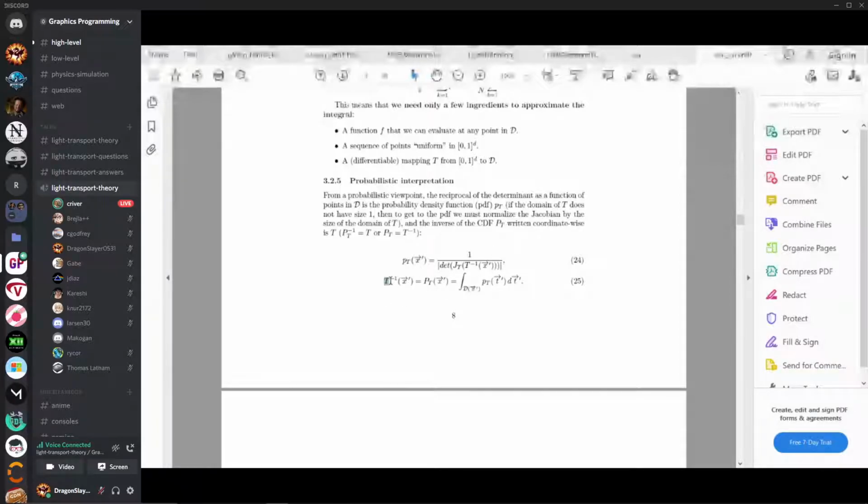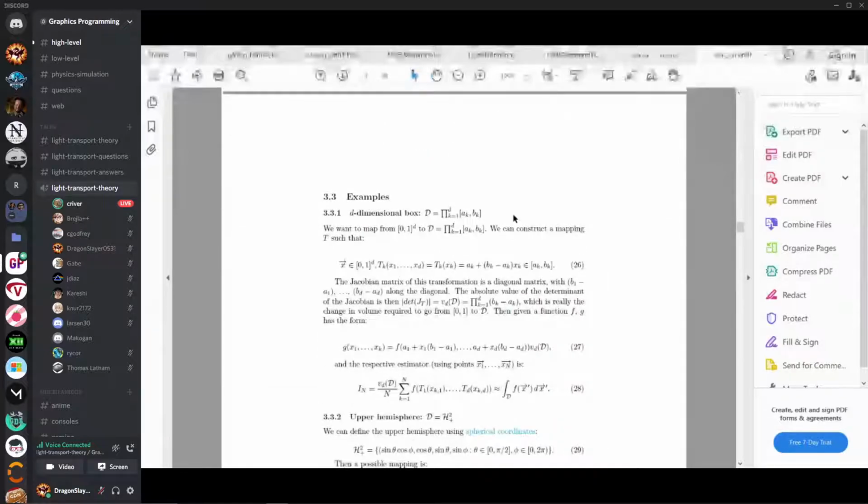And this mapping that we required is really, you can think of the mapping as the inverse CDF, cumulative distribution function, or you can think of the cumulative distribution function as the inverse of this mapping.